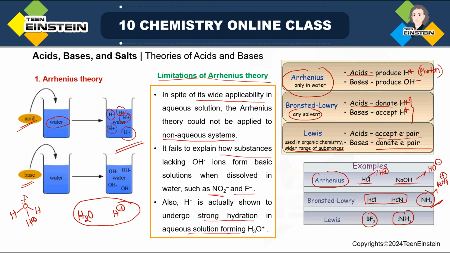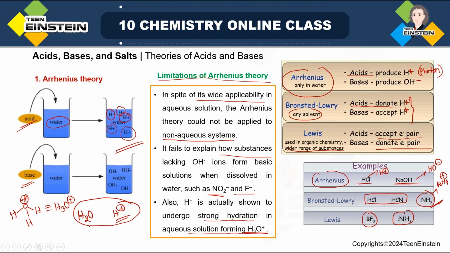Now I am writing the positive charge over oxygen, and let me erase this positive charge over H. Now it is H3O plus. So you will write it as H3O plus, and this cation is called hydronium. So we can say that H plus is now hydrated by these water molecules and it is producing the hydronium ion, which is H3O plus.